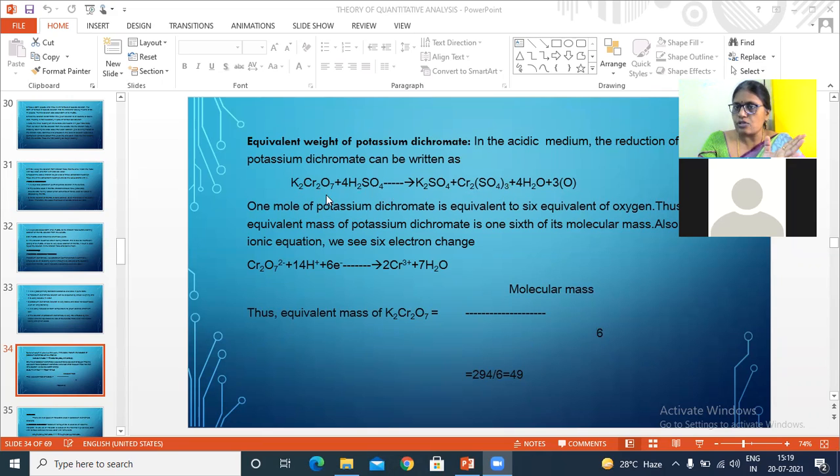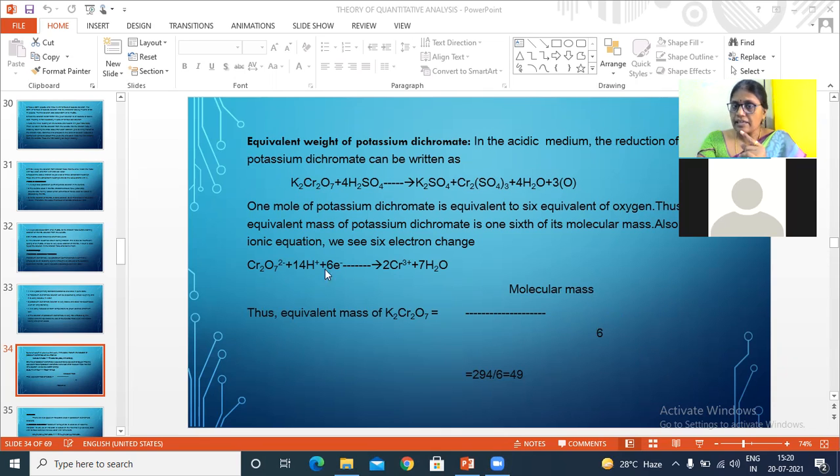The difference in that oxidation state is 6. So we find the equivalent mass of potassium dichromate by simply dividing the molecular mass by 6.